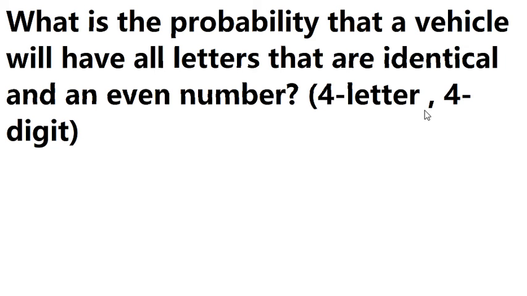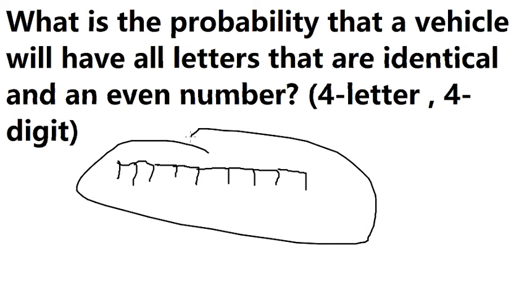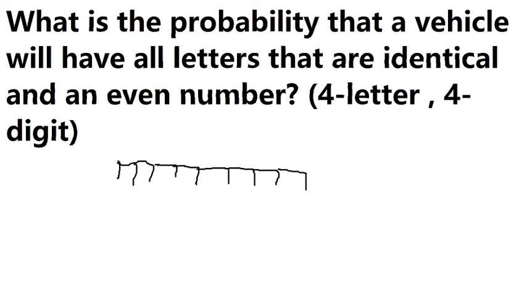We have 4 letters and 4 digits. So now we need to find the total of this driver license in here. We know that the first one is about letters, and this one is about the digit.